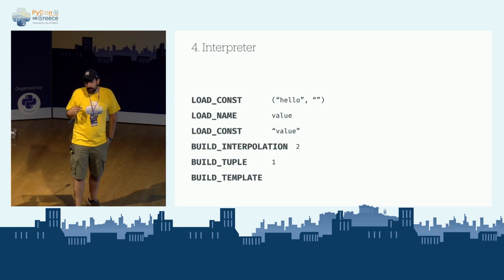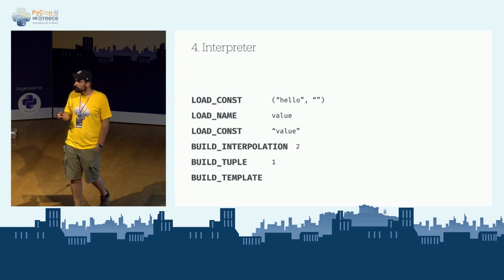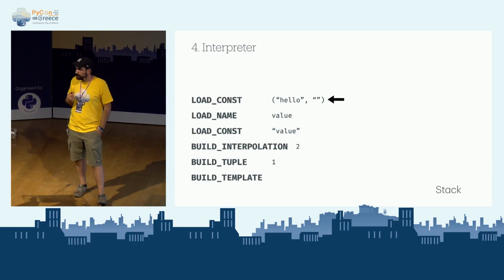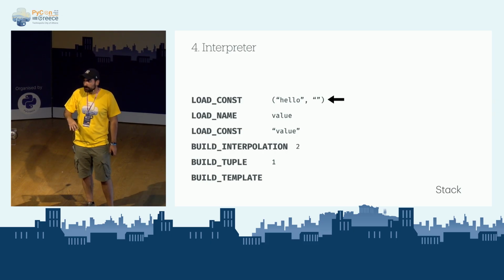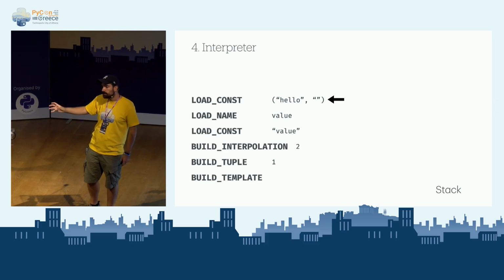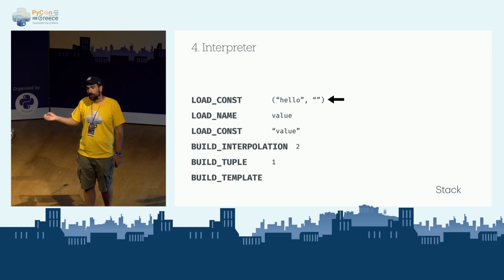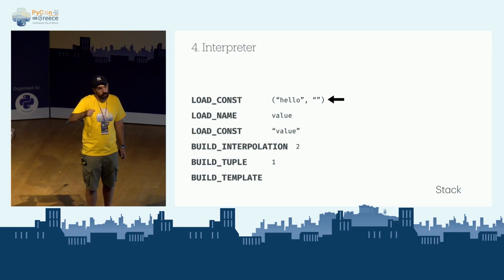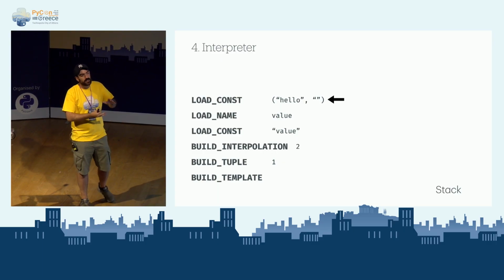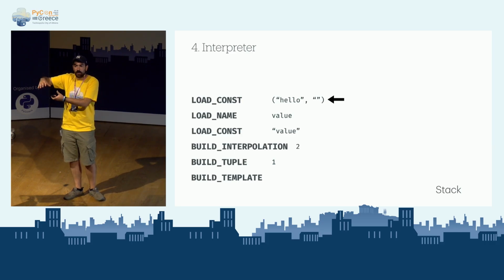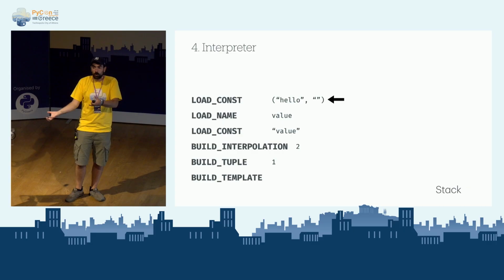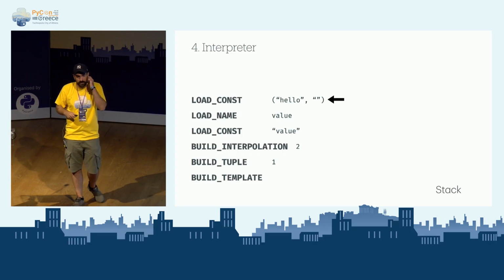Having this bytecode, we need to be reminded that Python is a stack-based virtual machine, which means that anytime we load something or store something, we load it onto the stack, or we pop it from the stack and store it in memory. So everything that's happening inside Python is basically pushing things onto the stack or popping things from that stack.